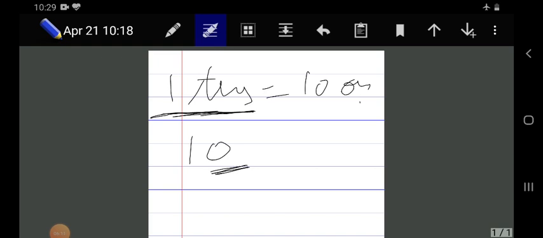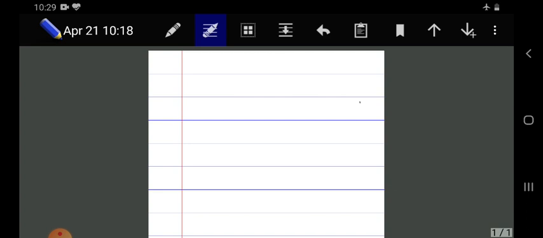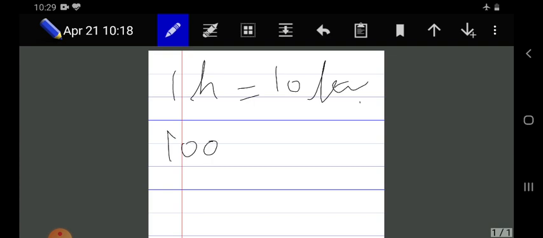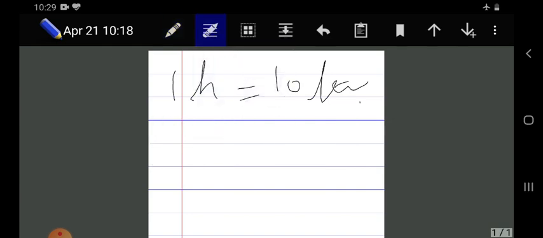In ones we don't have any zero. So if we take this, it will be 10 ones, because in ones we don't have any zeros. And 100 is equal to 10 tens. In 100 we are having 2 zeros, and in tens we are having 1. If we take 1 out, that will become tens, and the rest is 10, so it will become 10 tens. Moving to the next.